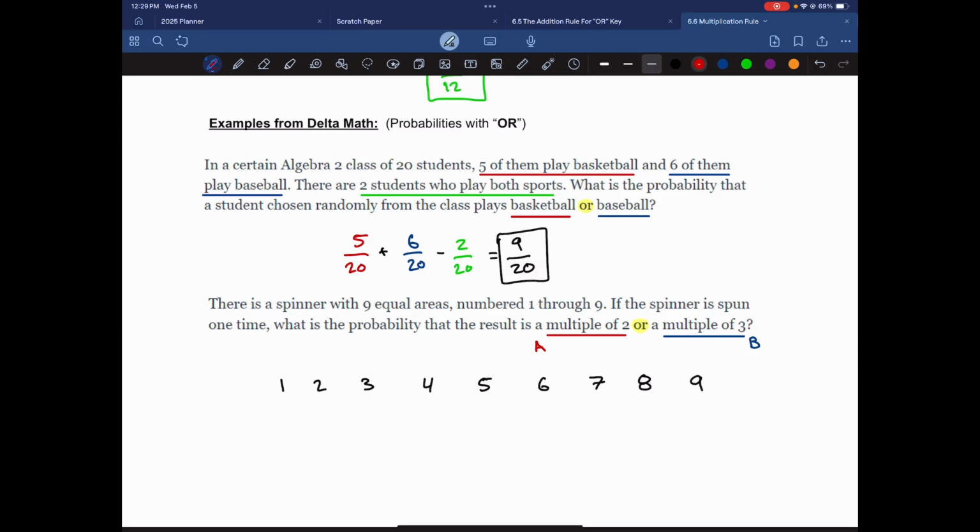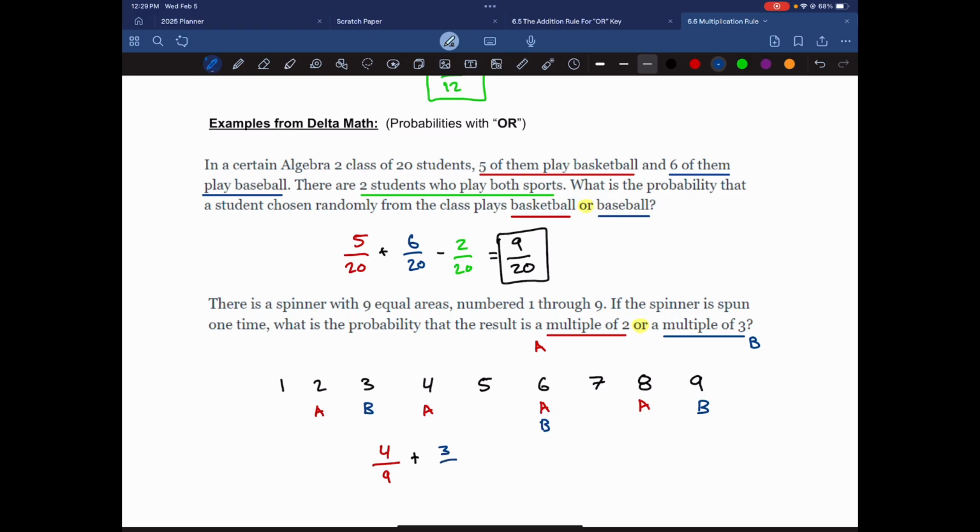Okay. I'm going to put an A under all my multiples of 2. So 2, 4, 6, 8. And a B under all my multiples of 3. B is 3, 6, and 9. Okay. So now looking at just my A's, I have 1, 2, 3, 4 A's. So 4 over my 9 numbers. I'm going to add, because I'm in or, that to my 1, 2, 3 B's.